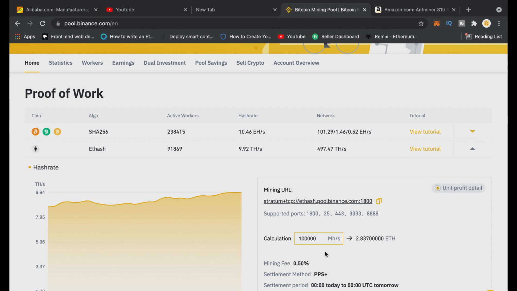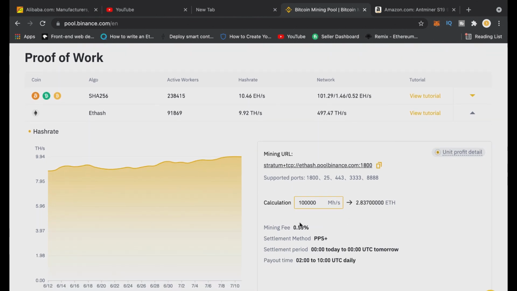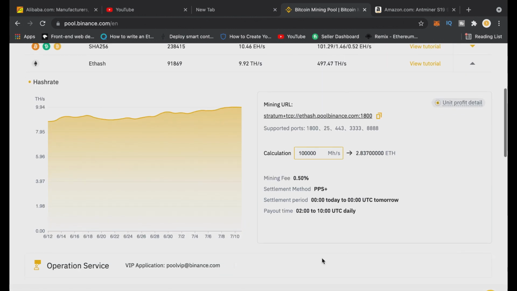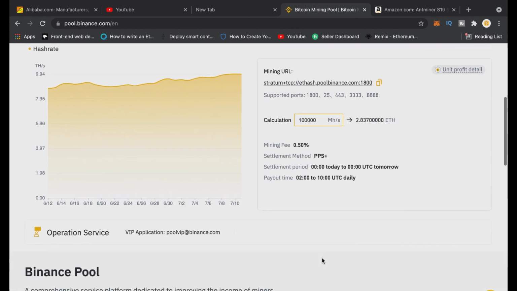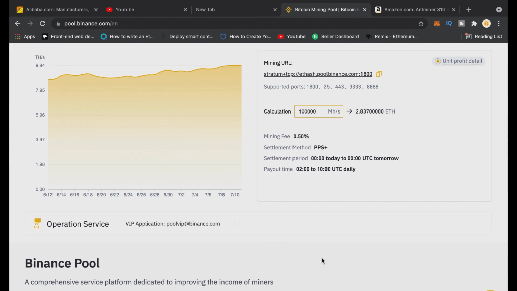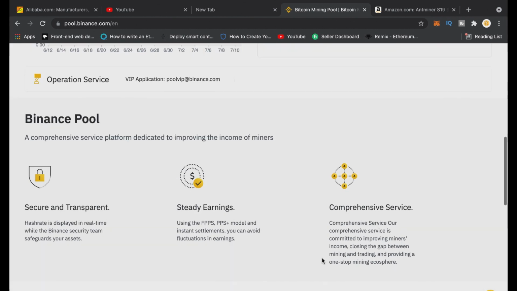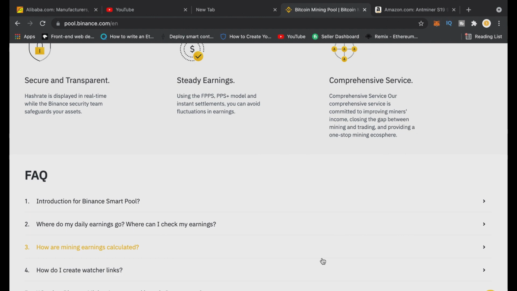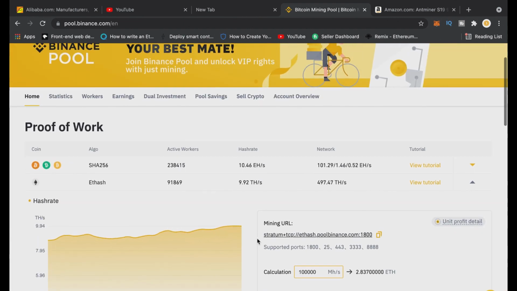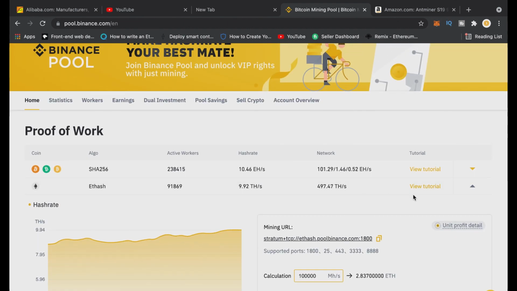The hash rate is 100,000 per second, mining fee PPS, and the payout time is daily. Okay, so statistics.